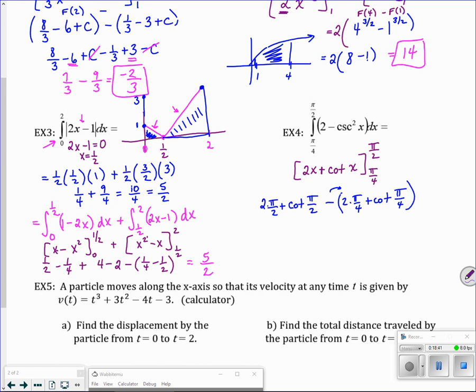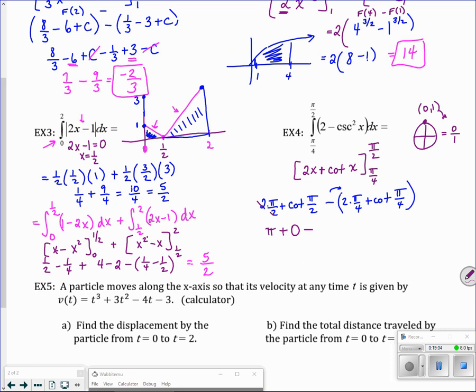So what does this end up being? Let's see here. Those 2s cancel, so I have pi plus, okay, the cotangent of pi over 2. Remember, cotangent is cosine over sine. So the cotangent of pi over 2 is 0. I'll go ahead and write it.